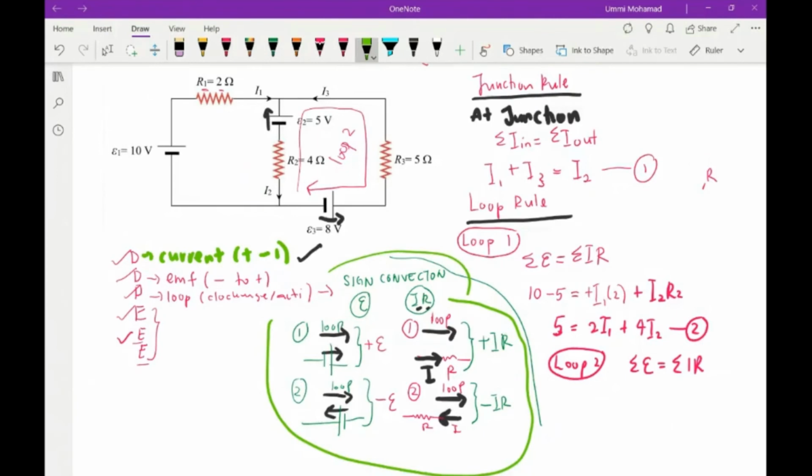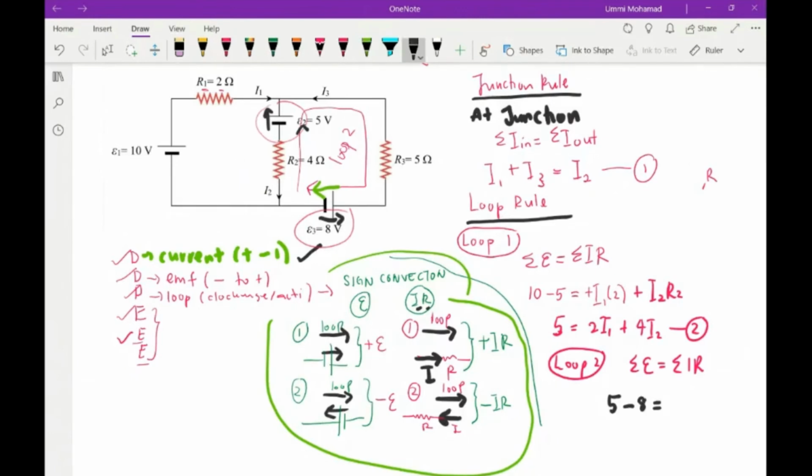For loop 2, we have two EMF, E2 and E3. Now we write down the equation. This one has the same direction, so it's going to be positive 5, and this one is the opposite direction. The loop is to the left, EMF is to the right, so it's going to be negative 8.